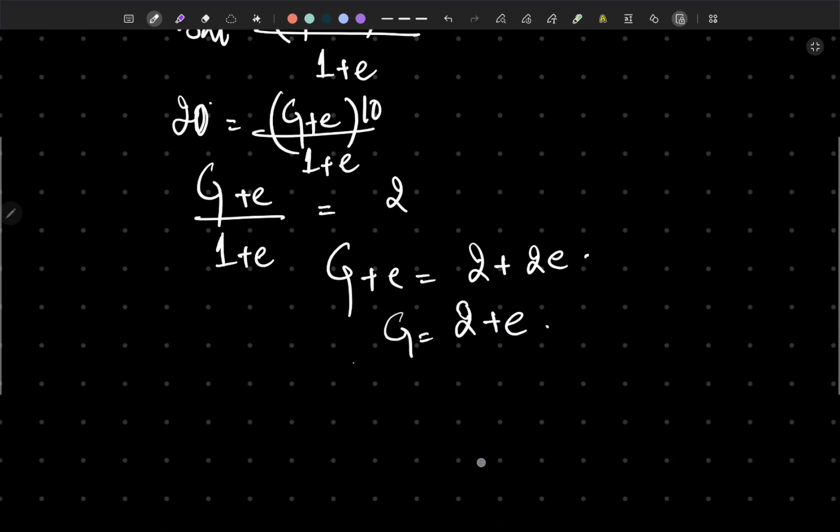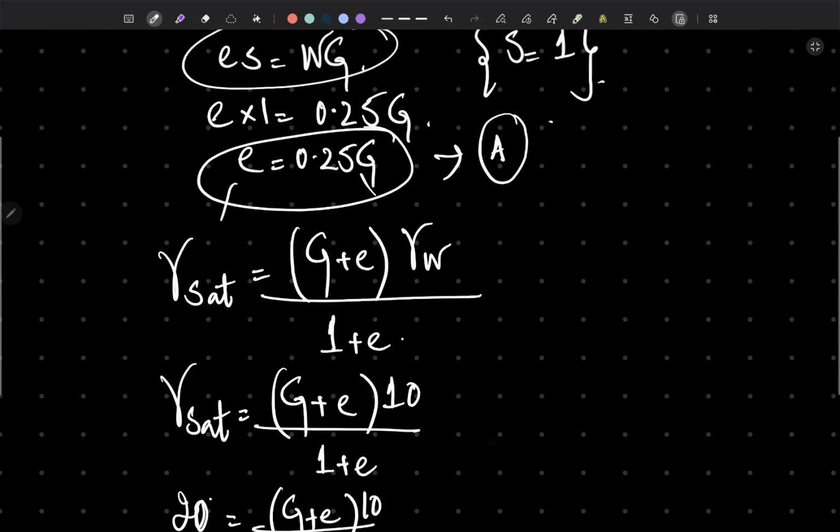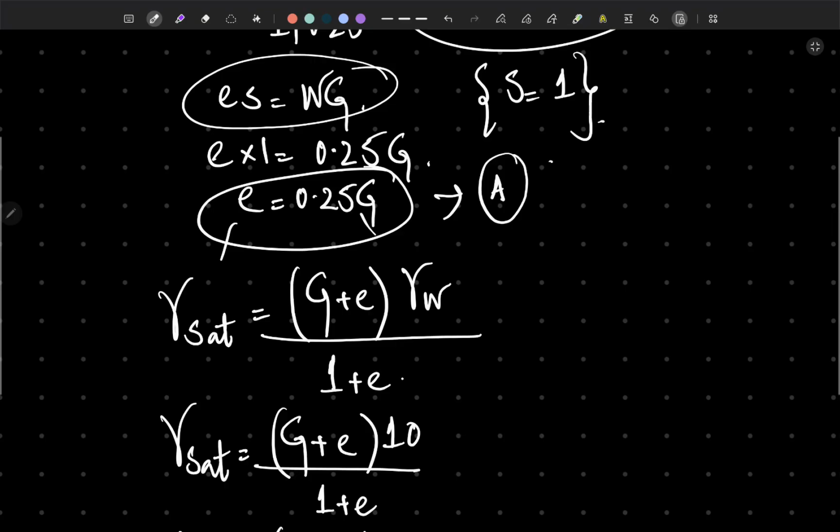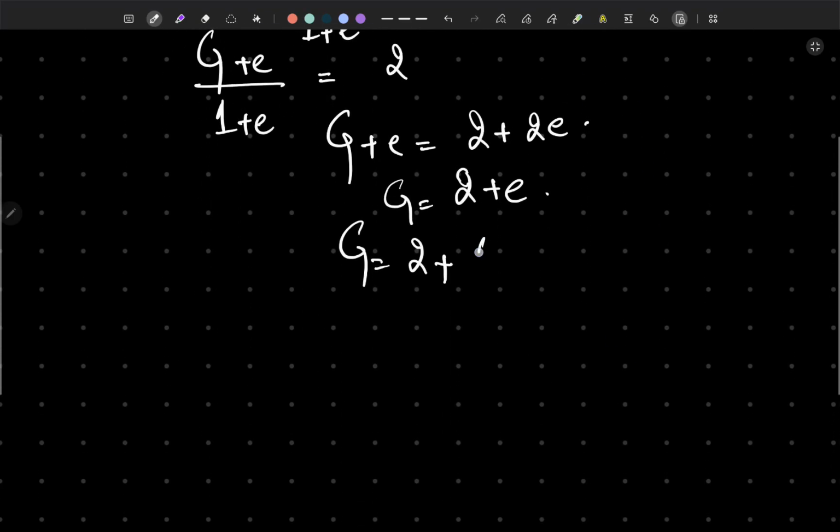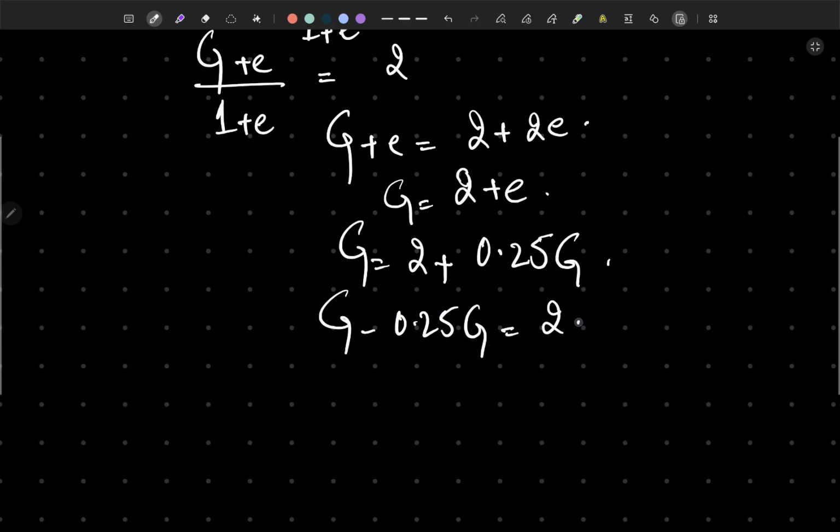So G is equal to 2 plus e. Let's make use of expression A, e is equal to 0.25 G, and substitute the value here. G minus 0.25 G is equal to 2, or 0.75 G is equal to 2. That means G will become 2.66.